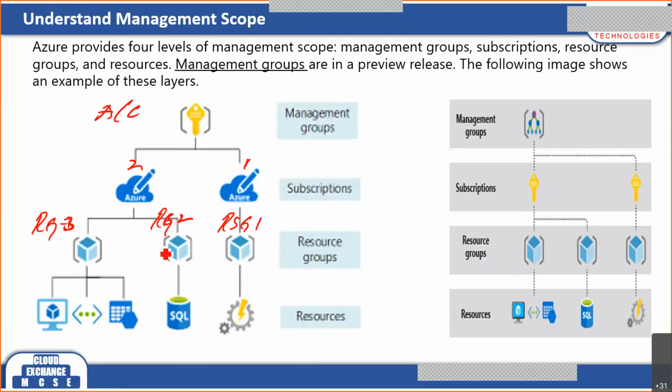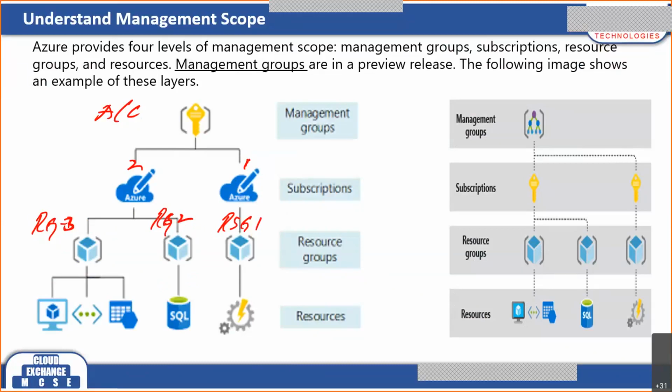Okay. So guys, in resource group 2, we have only a SQL database. But in resource group 3, we can observe, guys, I have many things. Many resources are there, like VMs, virtual network, storage. So it means Microsoft is saying in one resource group, you can create one resource, or in one resource group, you can create many.